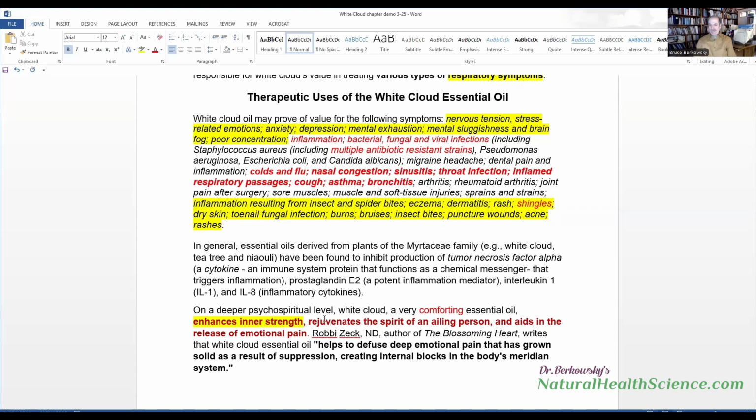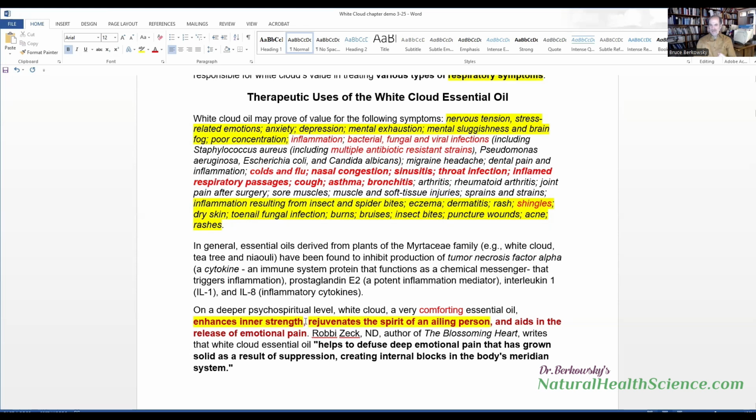It rejuvenates the spirit of an ailing person, rejuvenates recovery power. Rejuvenation would be yin, but if it's rejuvenating the spirit and the person becomes enspirited and more enlivened, this is yin creating more yang, because now they're more enlivened, more active, more vivacious. Yin is inward, yang is outward.